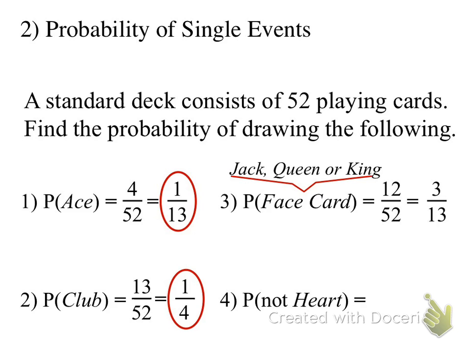Face cards are your Jack, Queen, and King. That's a face card because it's got a face of a figure. 39 out of 52. So you get the idea? Because we subtract that 13 out, and that gives us 3/4.